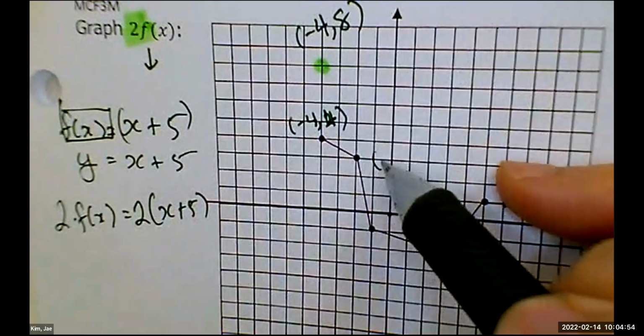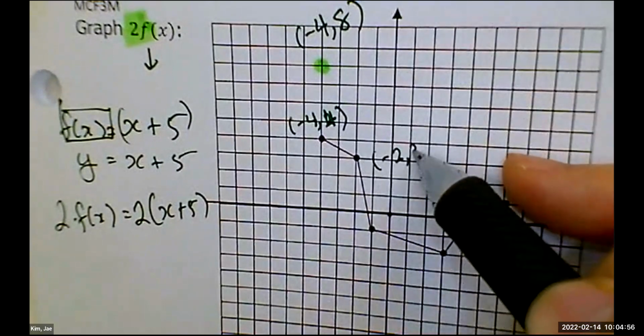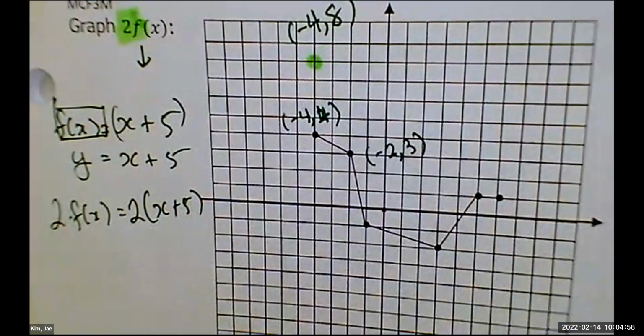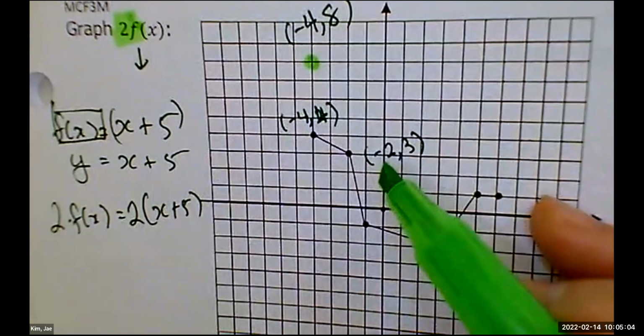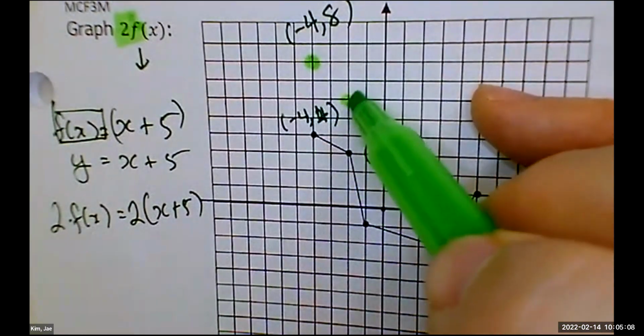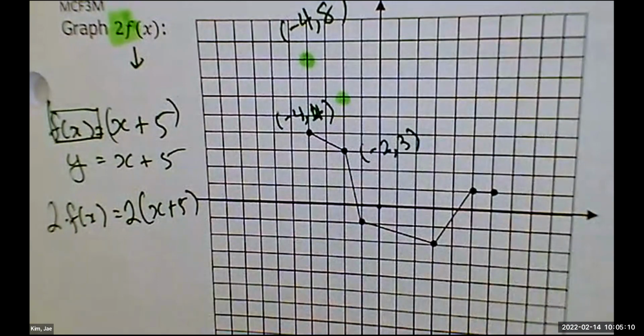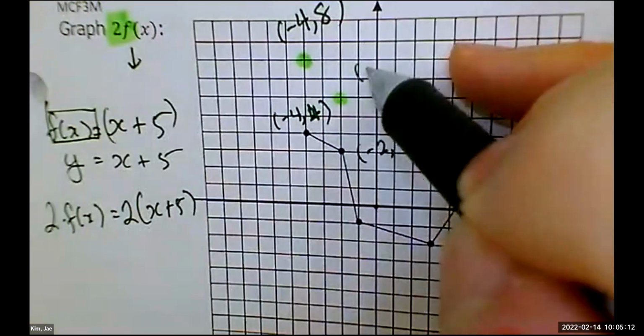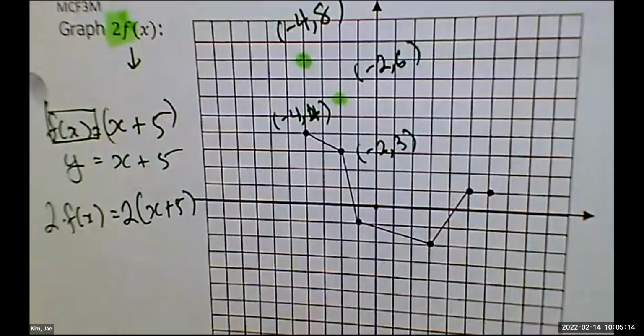This y value is, what is it, like negative 2 and 3? The y value was a 3. But if I am applying a multiplication of 2, what's 3 times 2? 6. Right there. So I'll write it down. That's a negative 2, 6.